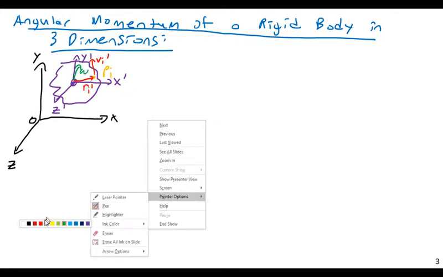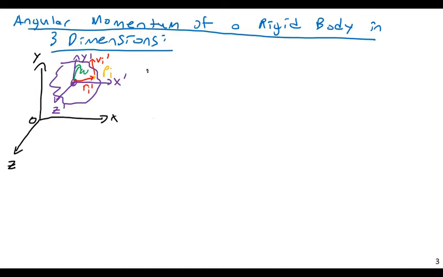So let me define these. Ri prime is the vector from the center of mass to a point in the body.